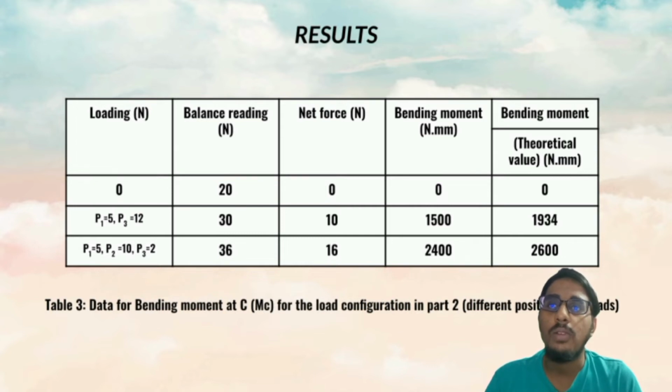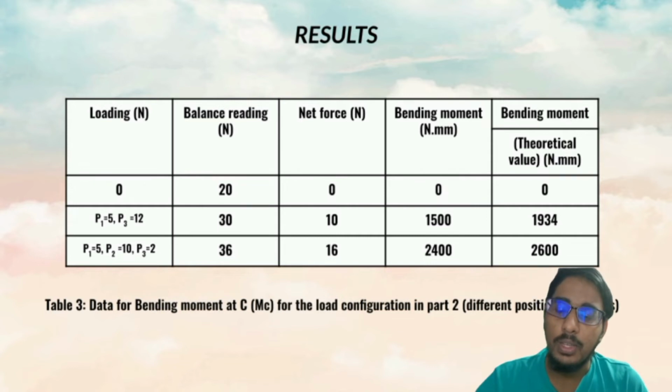For 20 Newton, we have got bending moment at P1 of 1200 Newton millimeter, and theoretical value is 1333 Newton millimeter. For P2 at 20 Newton, we have got 3600 as bending moment and the theoretical value is 3999 Newton millimeter. And at P3 at 20 Newton, we have got 1800 Newton millimeter as the bending moment and the theoretical value is 2000 Newton millimeter.